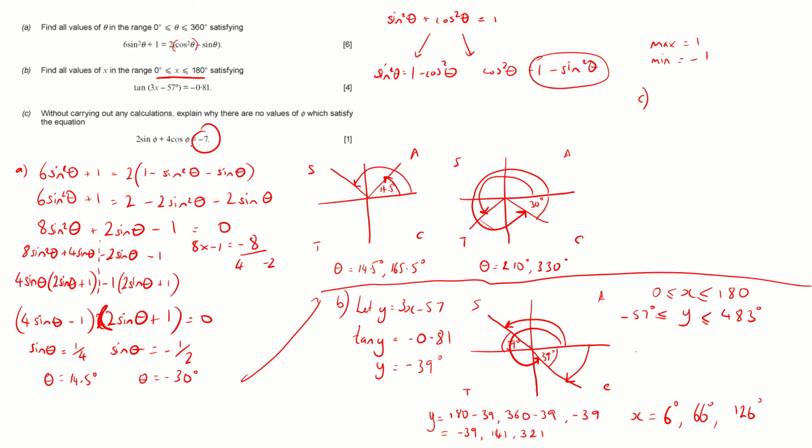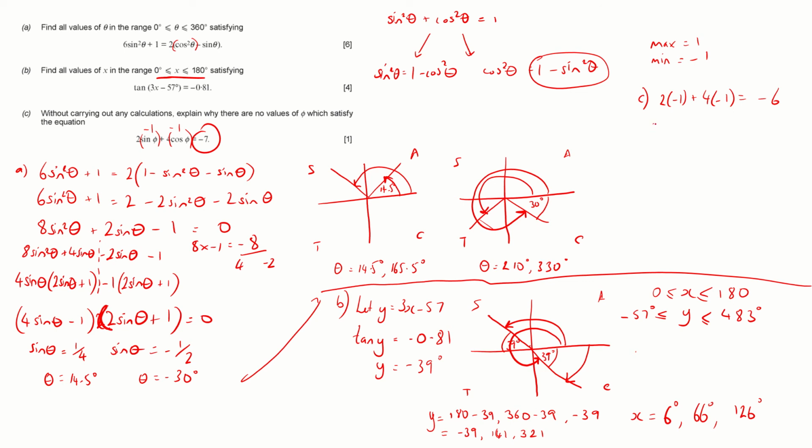Well, if it's going to be minus 7, I want this and this to be as small as possible. If they were as small as possible, that would be minus 1. 2 times minus 1 plus 4 times minus 1 is only minus 6. Therefore, it is not possible to get minus 7 because I can't get any smaller.